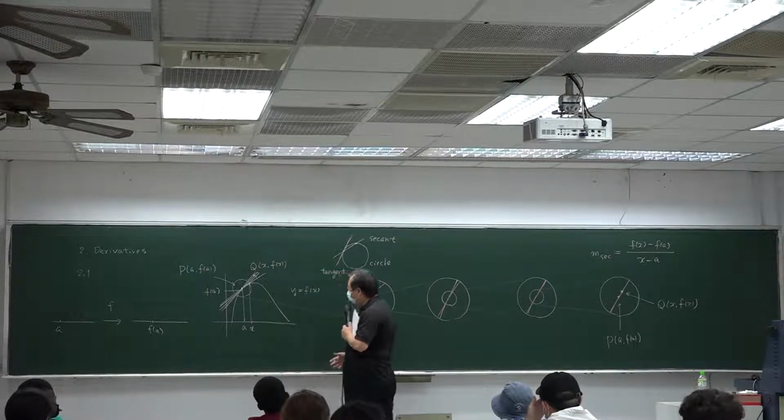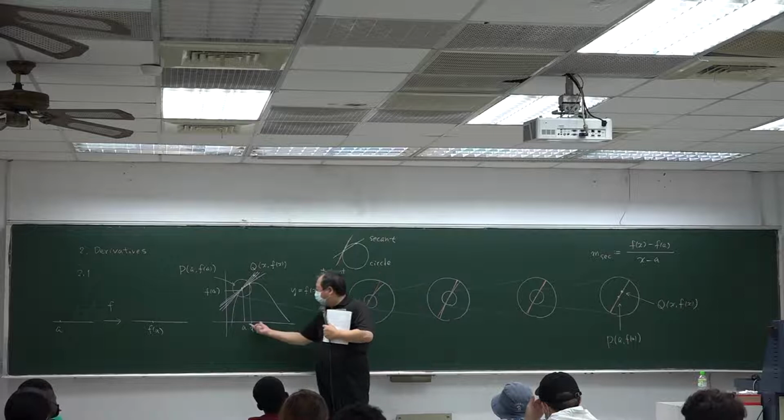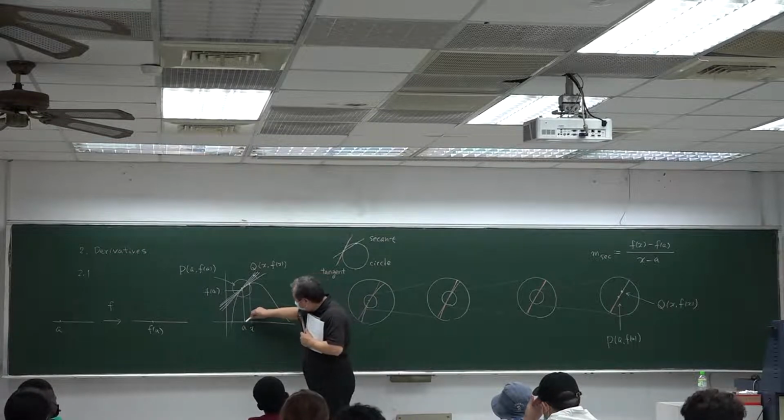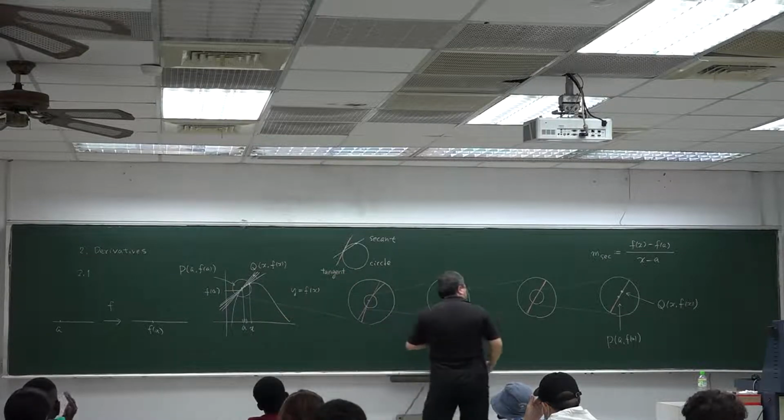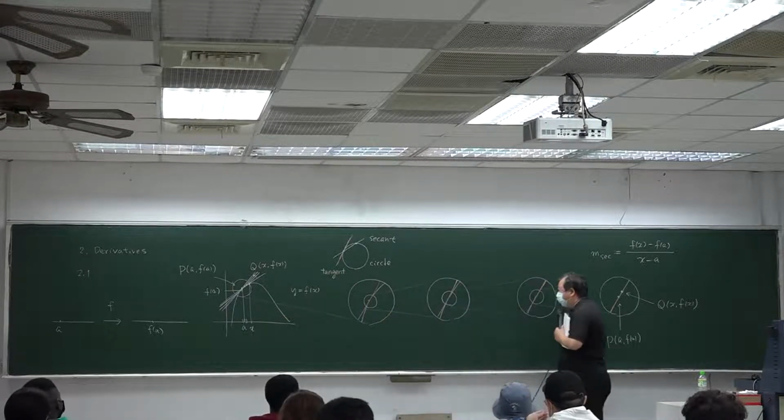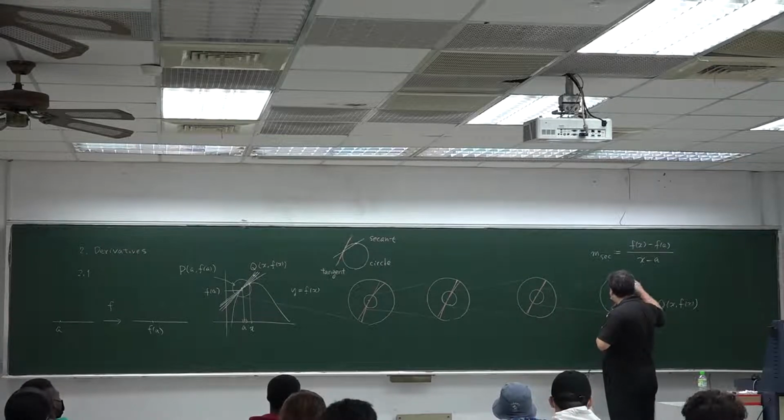Locally linear means in some neighborhood of a, if the diameter is small enough, then the portion of this arc is approximately exactly a straight line.